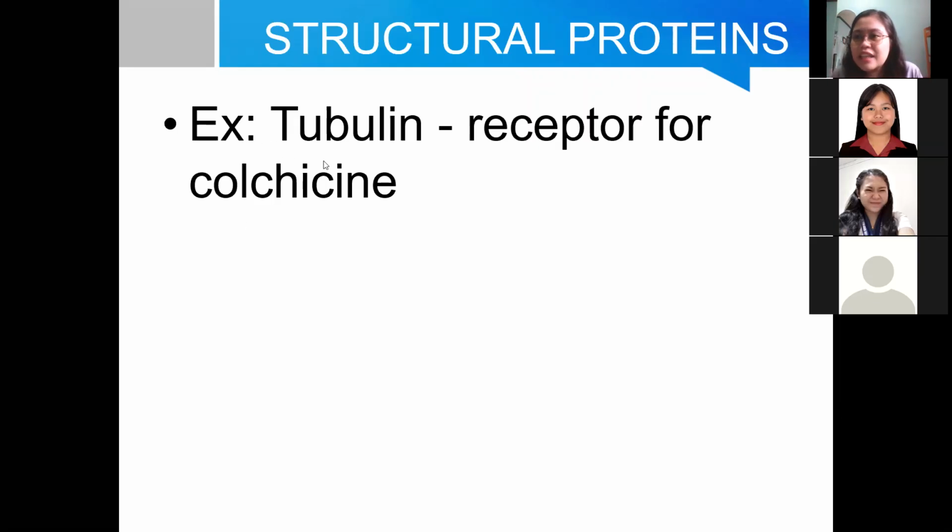So colchicine, ang gout is because of too much uric acid in the body. Now, uric acid is actually a degradation product of purines. So, I don't know if na-tackle ninyo siya sa biochemistry.